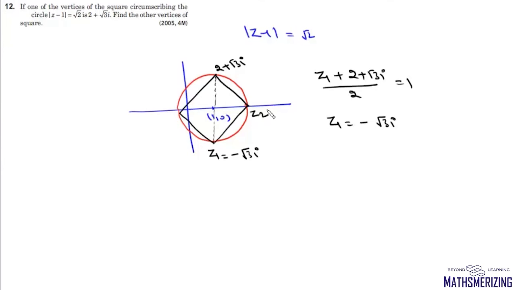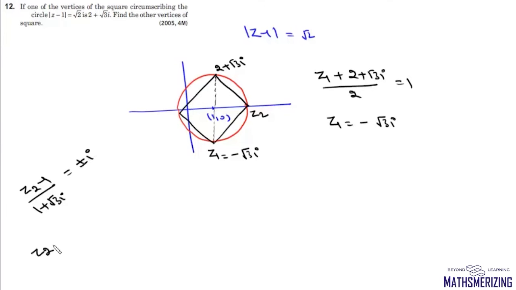This is z2. Now if we use rotation, we can write (z2 minus 1) upon (2 plus root 3 iota minus 1). So it will be 1 plus root 3 iota, and it will be equal to e to the power iota plus or minus pi by 2. So it will be simply plus or minus iota.